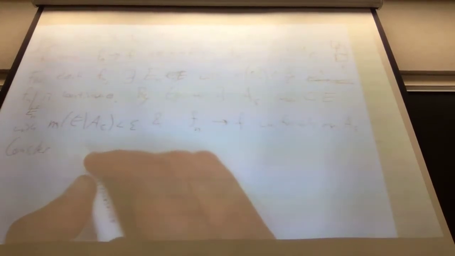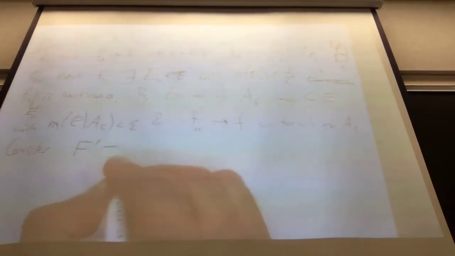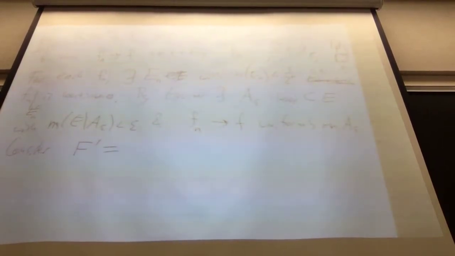So consider the set, let's call it F prime. Again, there will be a set F, the closed set that we want, inside it.